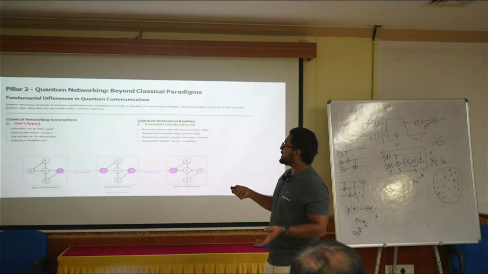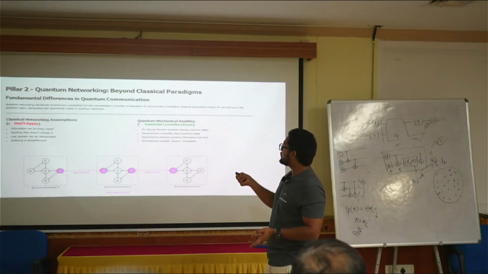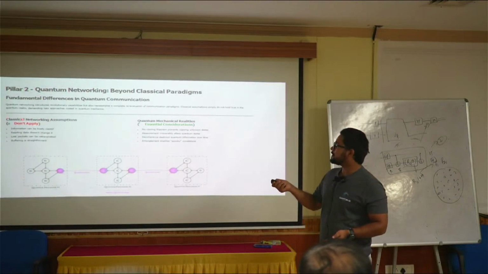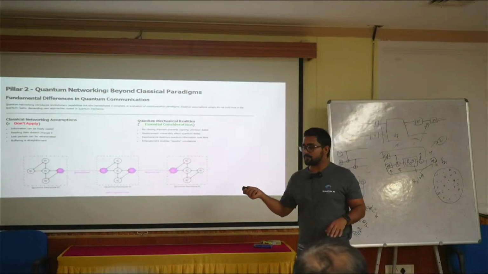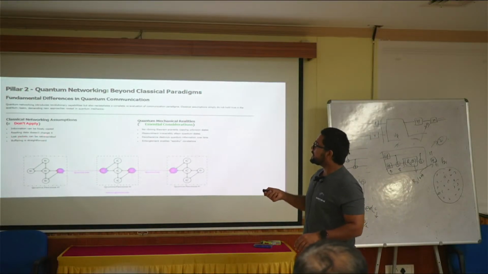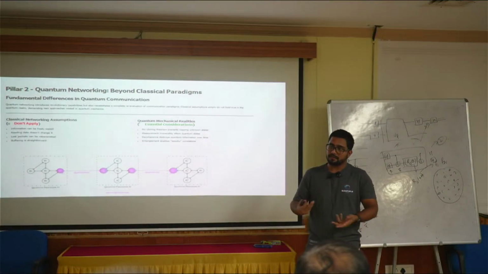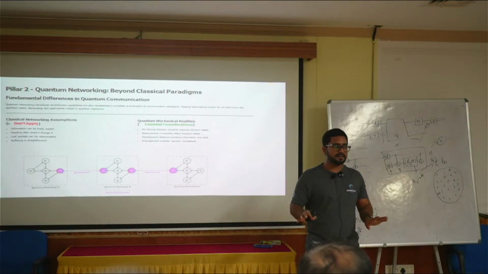Information cannot be freely copied. Here the no cloning theorem prevents copying of unknown states, but in classical there is no problem, you can copy. Reading data doesn't change it, but in quantum if you read it, the data will be destroyed, so you cannot read in between.